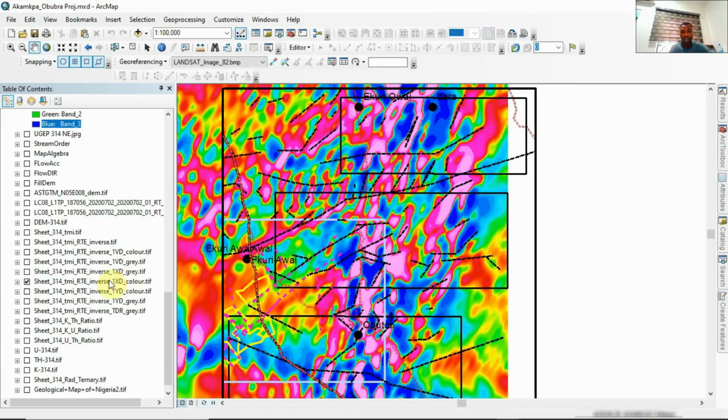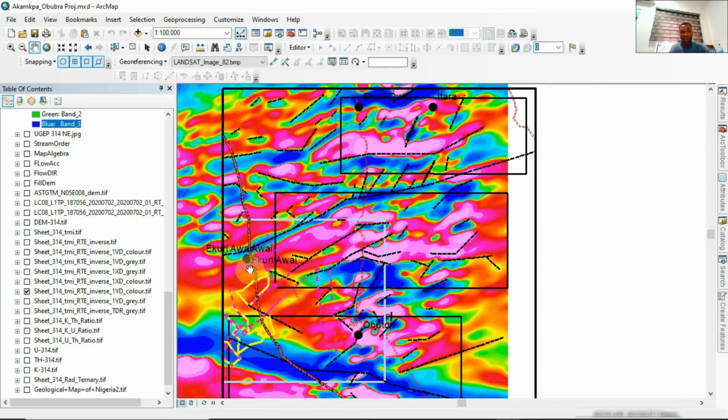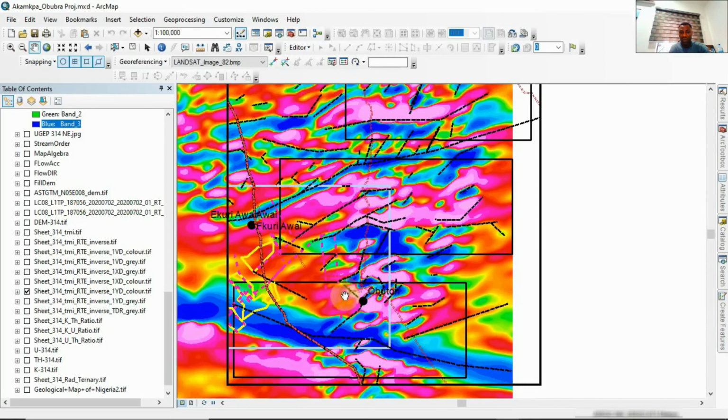This is also 1xt, but colored. Then let's look at one in the y direction. All the features and structures running northeast are more clearly defined, and also align with some of the interpretations done here. So what are we trying to say here?